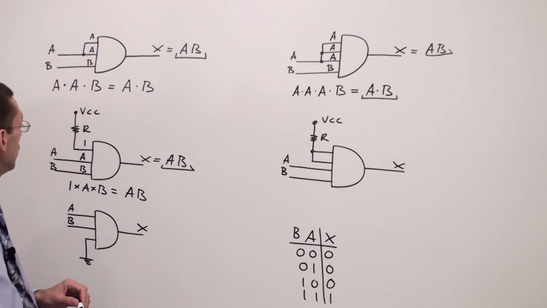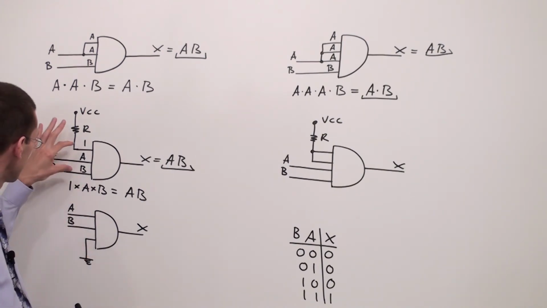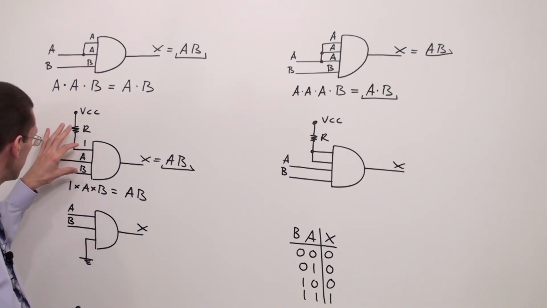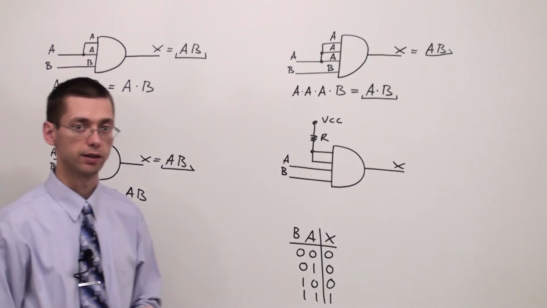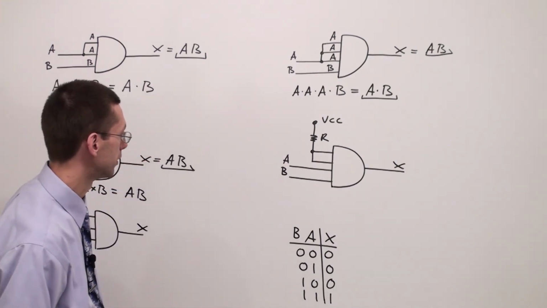So you can connect a 3-input AND gate like this, by connecting one of the inputs to VCC, and you are going to create a 2-input AND gate. Let's take a look at the next gate.